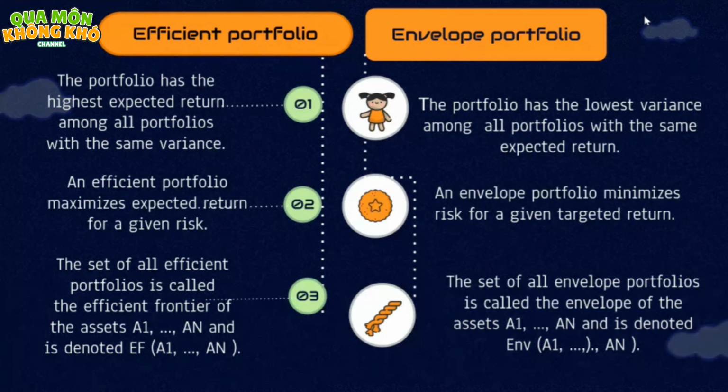And an envelope portfolio is the portfolio that has the lowest variance among all portfolios with the same expected return. An envelope portfolio minimizes risk for a given targeted return. And the set of all envelope portfolios is called the envelope of the assets A1 to AN and is denoted E(A1...AN).